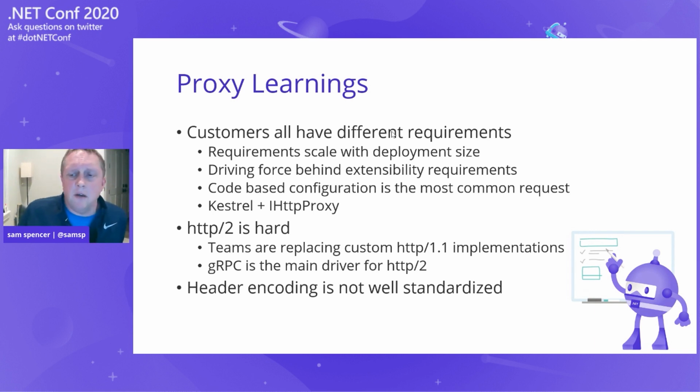One of the most common requests we've had from customers is around configuration. They don't want to have config files. They don't have config files. Everything is in a backend system, such as Kubernetes or Service Fabric. And so we actually have samples on our site. We have a config provider.